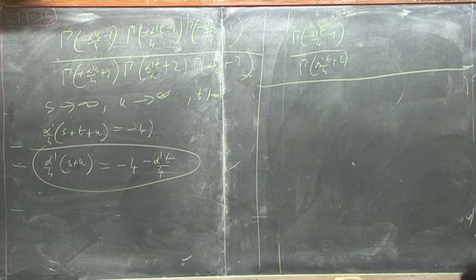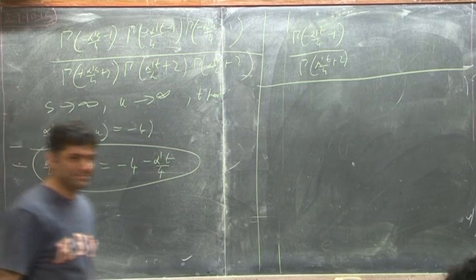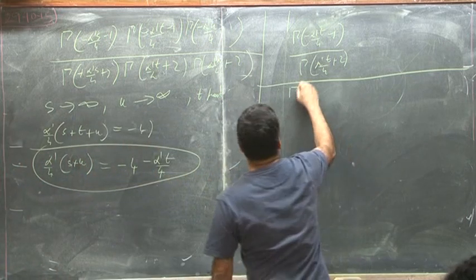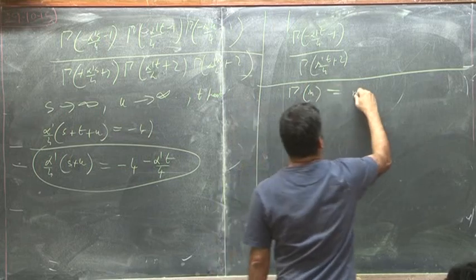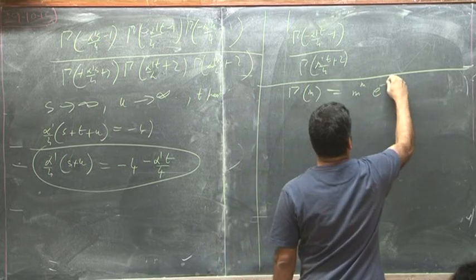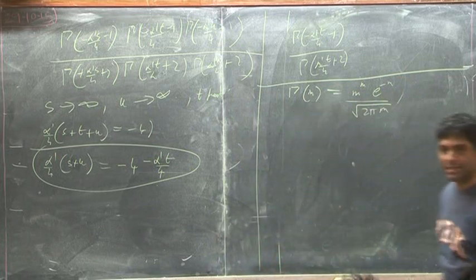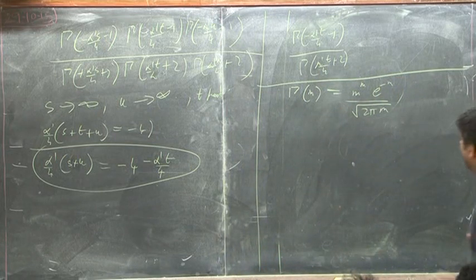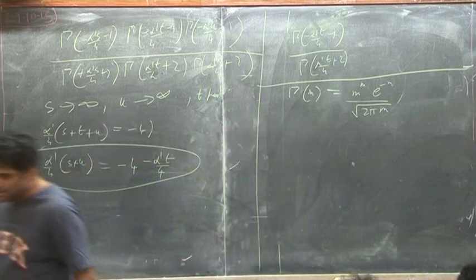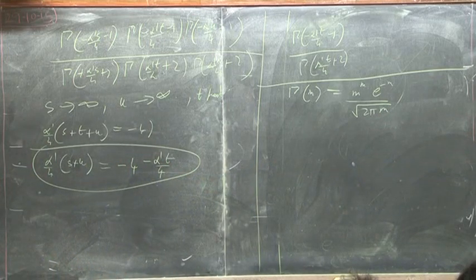The Stirling approximation for that is x to the power x, e to the power minus x, divided by the square root of 2 pi x. So gamma of m is m to the power m, e to the power minus m. Upstairs, root 2 pi was downstairs? Sorry. Root 2 pi was downstairs. You're right.